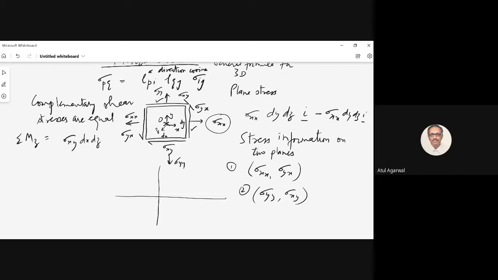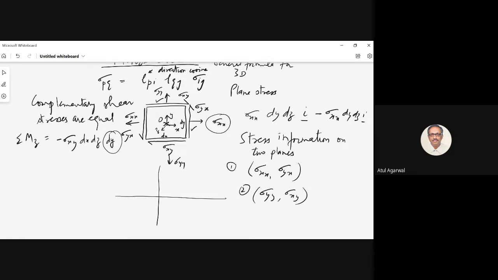The area of the face is dx dz. What is the distance between the two forces? It is dy. So dy is the distance between these two forces on these faces. So this is the moment caused by these forces, and this is a clockwise moment, so you have to put a minus sign.